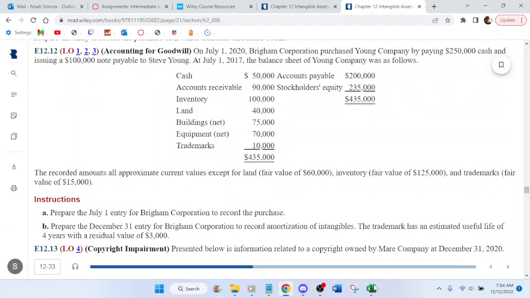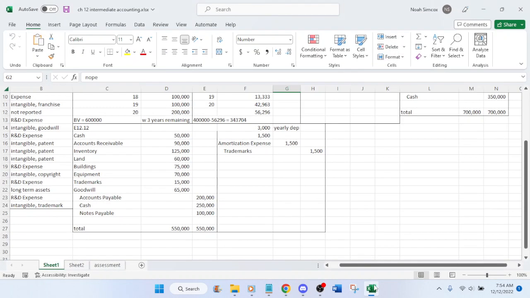Cash, we gave them cash of $250,000, and since we gave them a $100,000 note, that means we have notes payable, $100,000. Good. So then you take the difference between these and everything and list it as goodwill. And also, if you got it at a bargain purchase, instead of listing goodwill, you list it as a gain somehow. I don't remember.